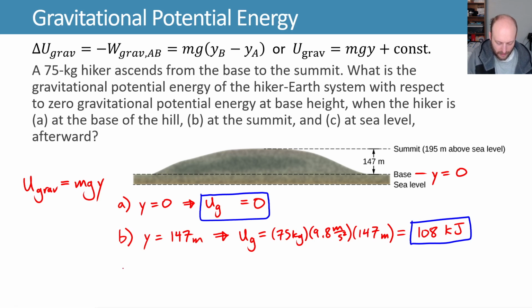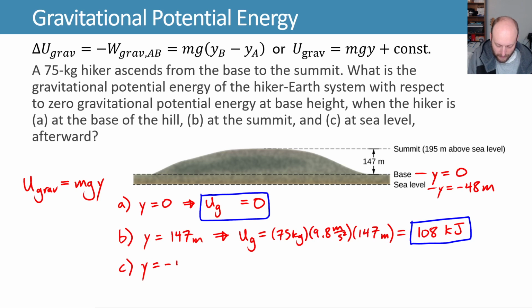Last, we'll consider below the base at sea level afterward. If we're 195 meters above, that's 147 above our base, then 195 minus 147 gives us negative 48 down here. So this should be y = negative 48 meters. And that's taking this 195, subtracting off the 147, and we're left with that difference.